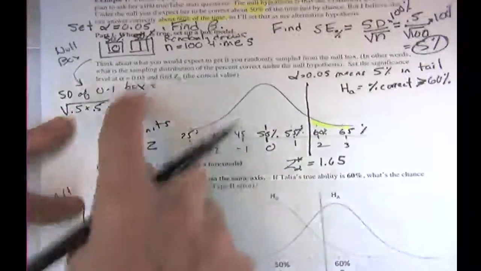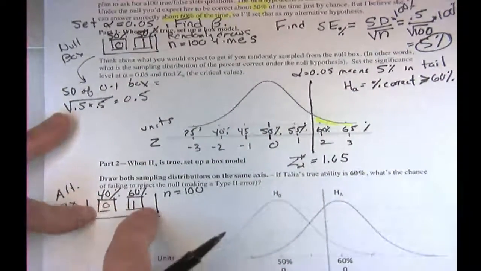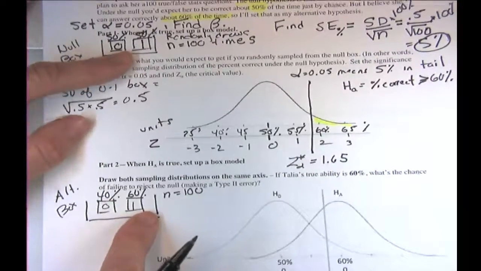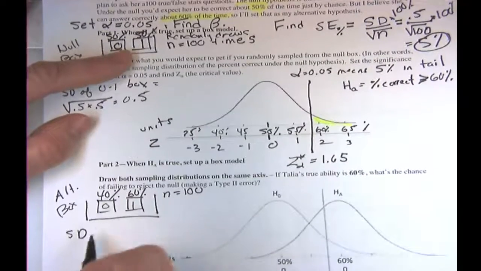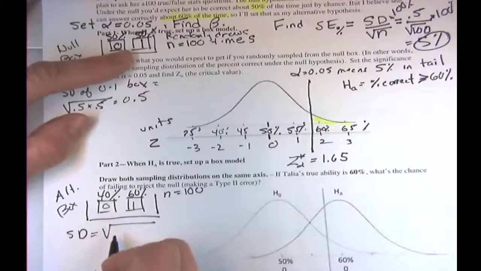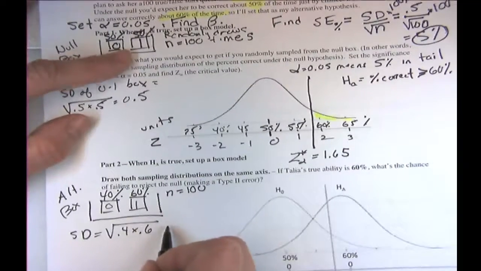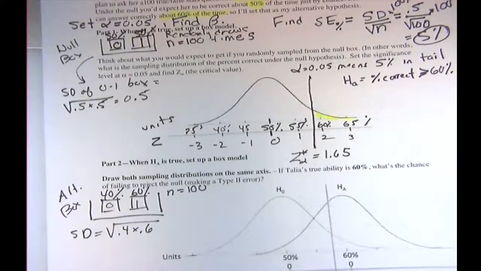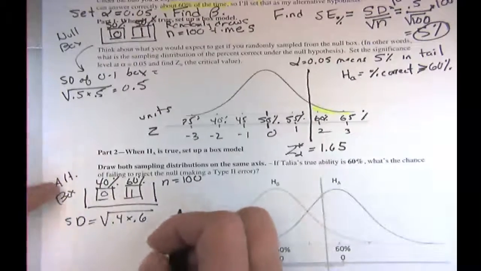We have quite a big difference in our hypotheses, but especially in the middle, a 50-50 split gives us a standard deviation of 0.5. What will be our standard deviation here? It will be the square root of 0.4 times 0.6, which is, I don't have my calculator with me, but it's very close, like 0.48 something.